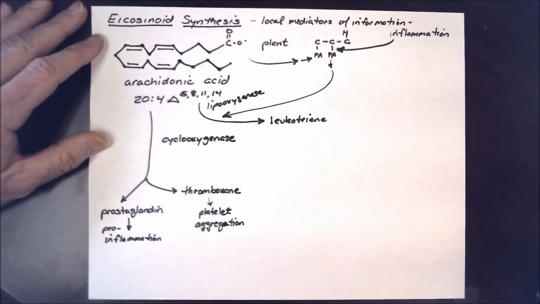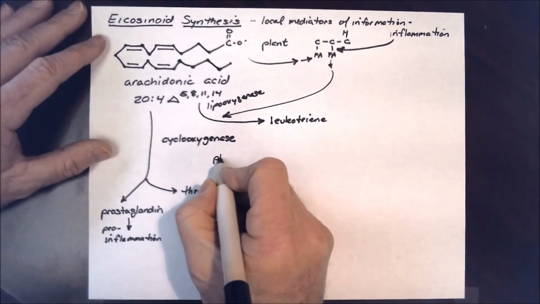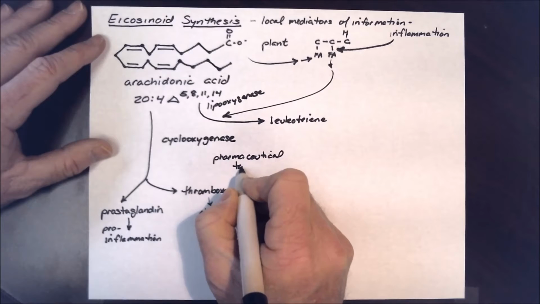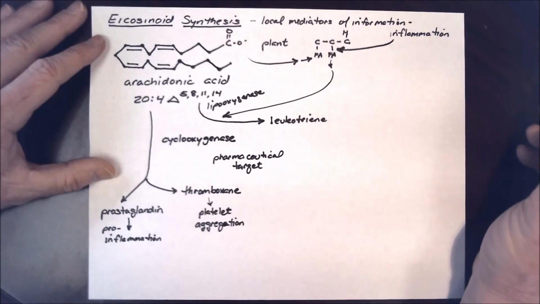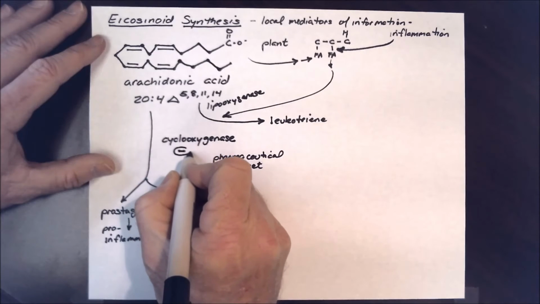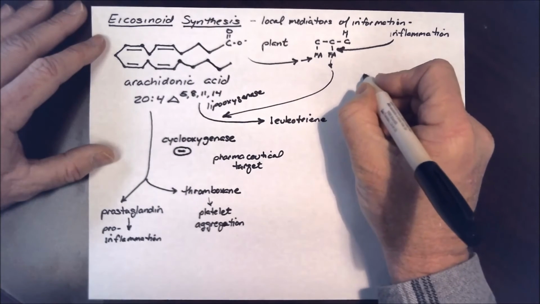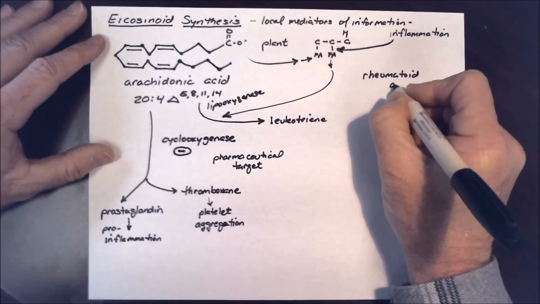Now, the part that needs to be addressed at this point is this becomes a very interesting pharmaceutical target. In order to control inflammation, we can think about producing an inhibitor for the cyclooxygenase enzymes. This is important, for example, in rheumatoid arthritis.